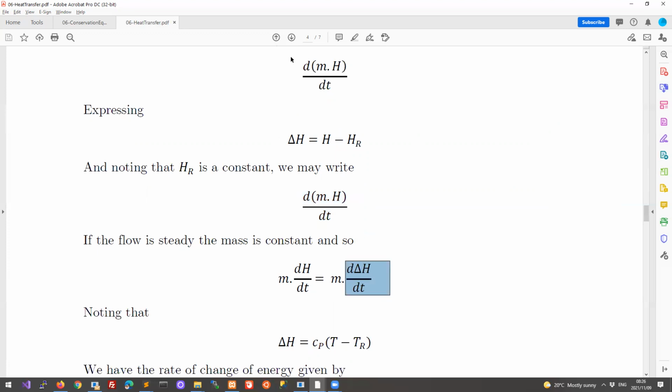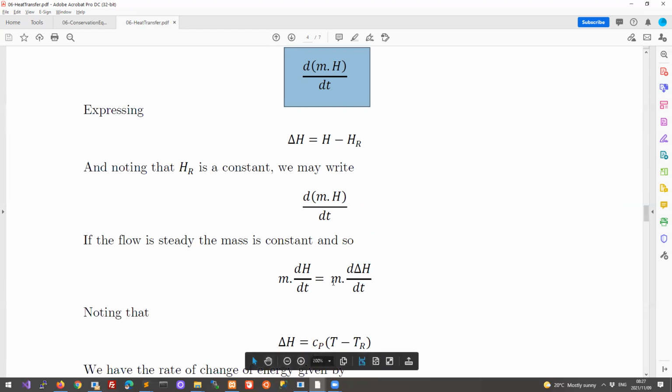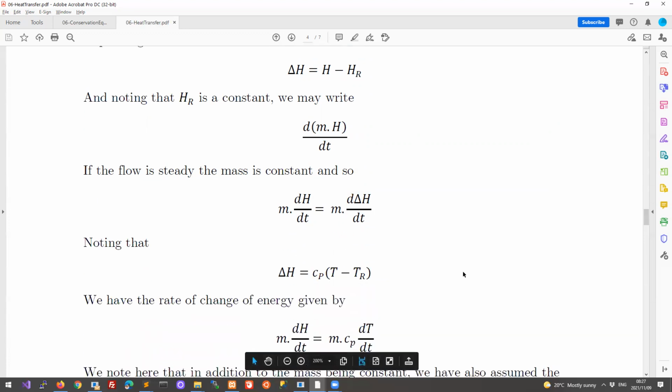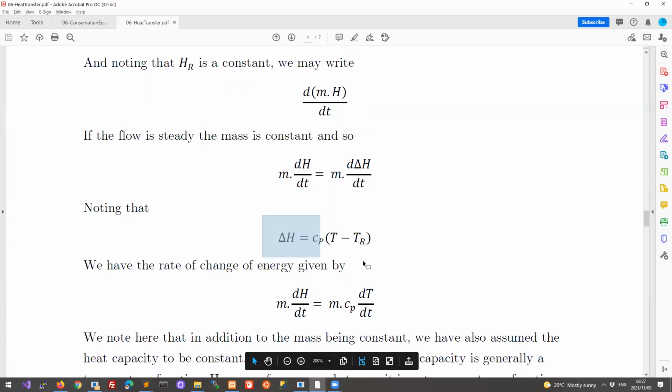By the way, here, this is strictly what we have to write, but if the mass is constant, then we can remove mass as a constant of differentiation here. And so we can write it as m dH/dt, and we've just said that's equal to d/dt of delta H. Right. We also said that we could express the reference enthalpy in terms of heat capacity and TR. And so we can write delta H is Cp (T minus TR).